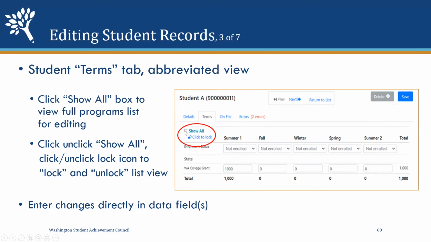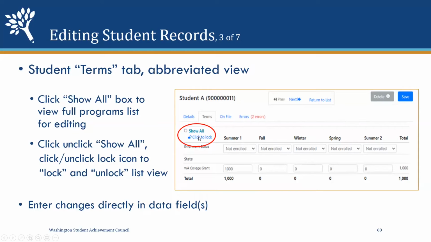If you click this button, it will then drop down the entire list of programs. It will have pre-filled zeros wherever there is not information. And then you can click to lock it. And at that point, it will then show the entire list of programs once you move on to the next record.